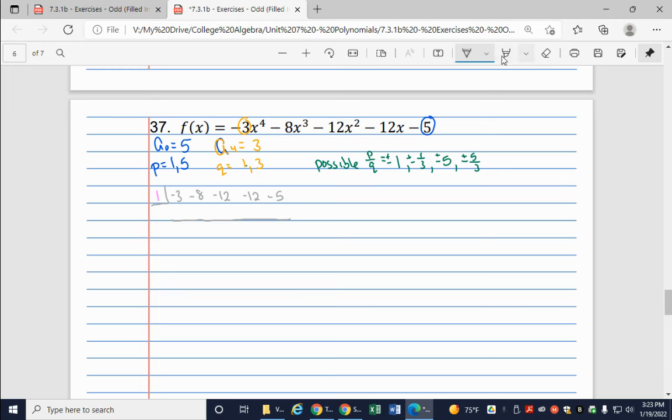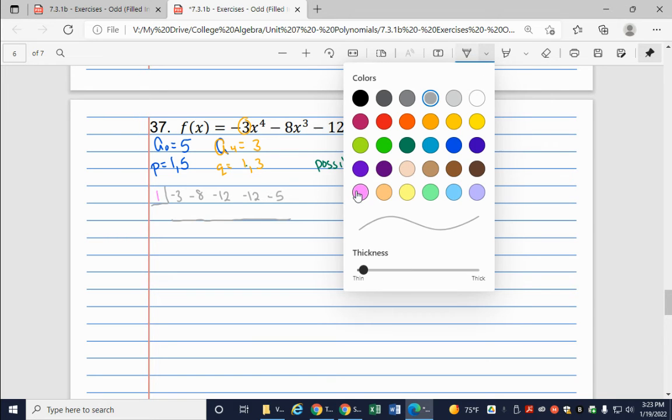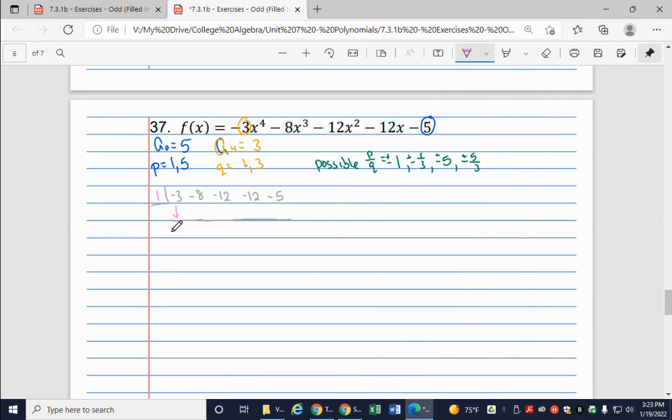The negative 3 comes straight down. One times negative 3 is negative 3. Negative 8 plus negative 3 is negative 11. 1 times negative 11 is negative 11. So these I can tell because I have a 1 here. These are going to keep getting more and more negative, right?